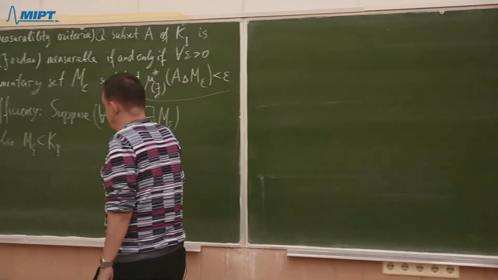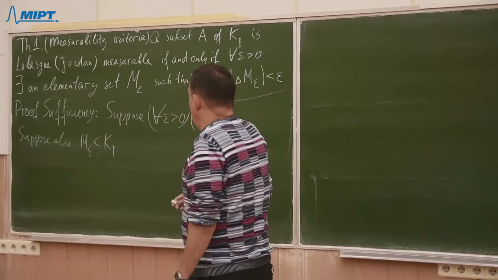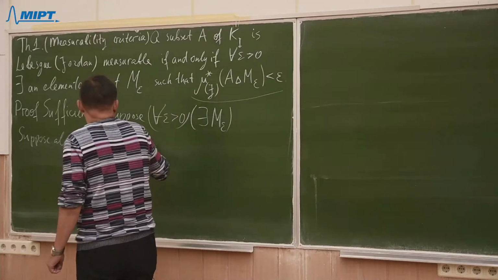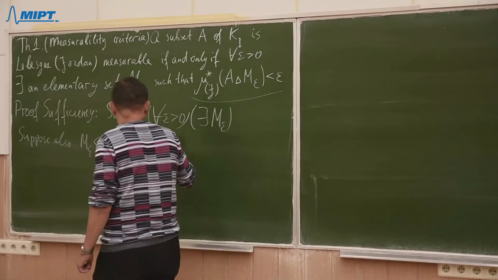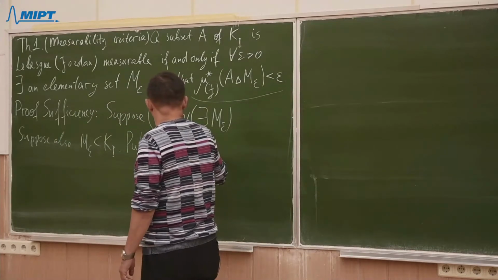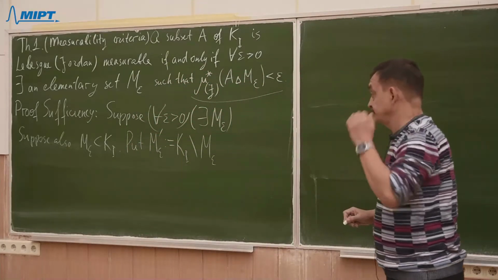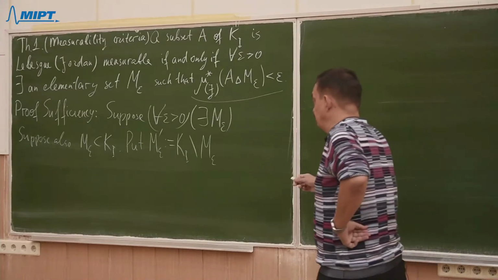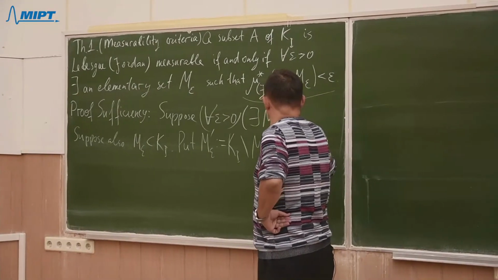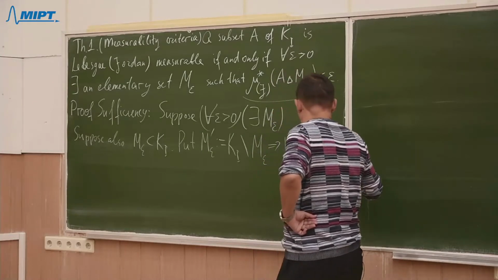So M epsilon is a subset of the cube, right? Then in fact, M epsilon prime equals the difference between the cube and M epsilon, right? So then by properties of volume, we have volume of M epsilon plus volume of M epsilon prime is equal to 1.